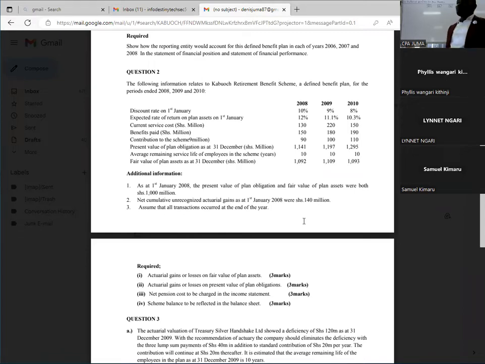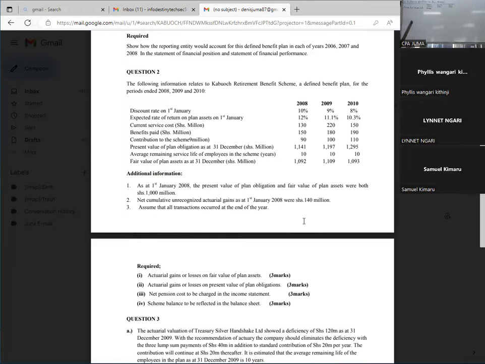So we start with the fair value of plan assets brought down. How much in 2008? Both were standing at 1,000. What was the balance brought down? 1,000.